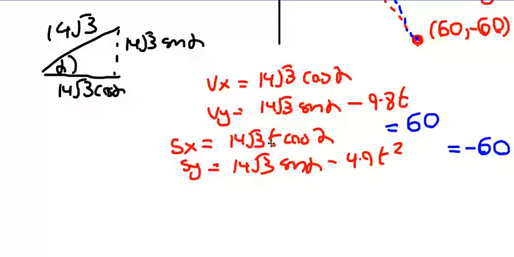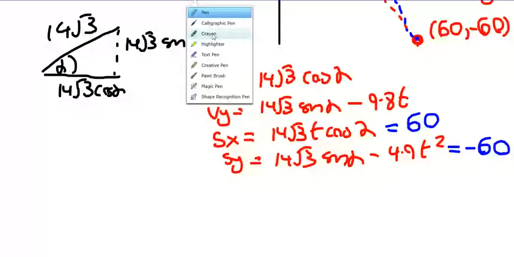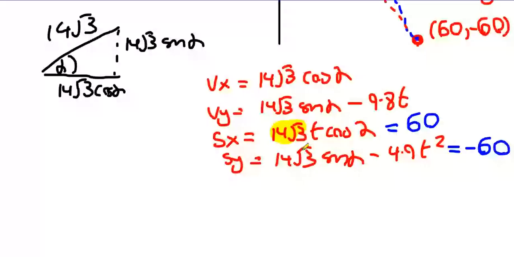Now, I'm going to take this top one. I'm going to use this yellow one here. I'm going to isolate t.